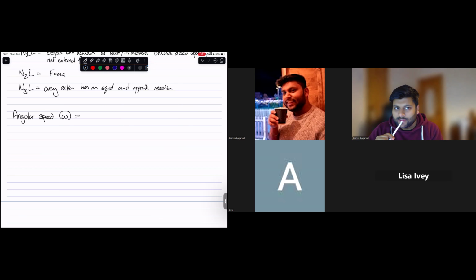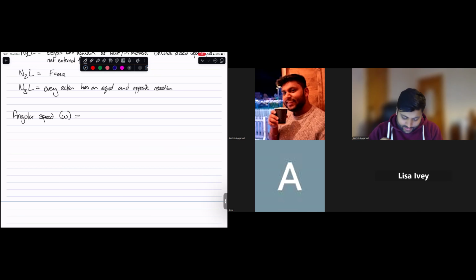It is the speed of the angle that an object rotates through per second. The speed at the angle that it's rotating. Kind of. It's how much angle it goes through per second.